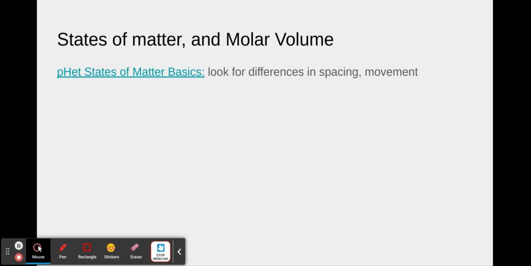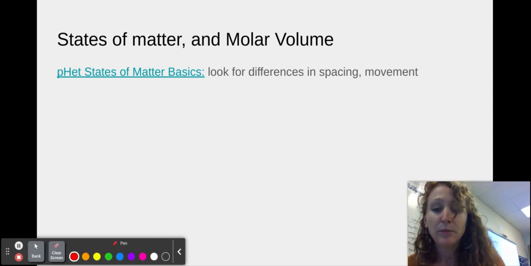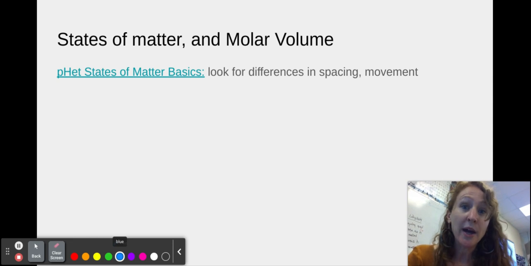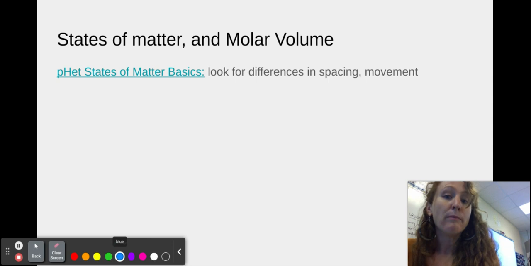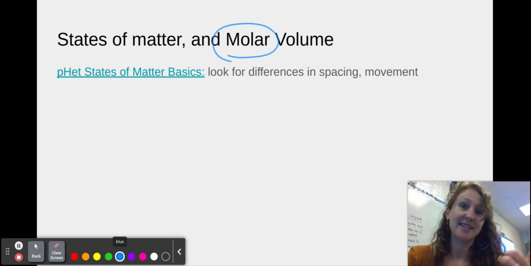Okay, so that brings us back to molar volume. Because gases have very similar volumes, no matter what the gas is made out of, a mole of a gas will have a very consistent volume.